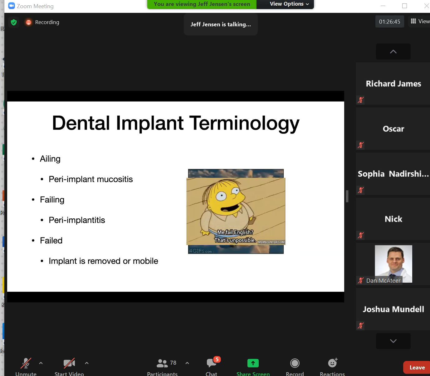If it's an early stage of peri-implantitis, then typically you can control it and maybe even get a little bone growth back with some grafting. With the more advanced stages, you start to have this conversation of whether it's worth trying to just keep the implant and baby it, or remove it and start over.